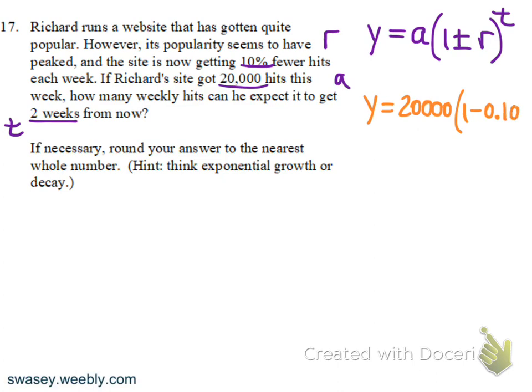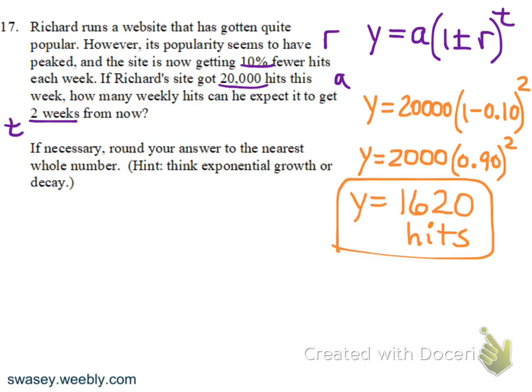If you want to write it as a decimal, it's 0.10, exponent 2. Do what's in parentheses, subtract that, then square it, and then multiply it. And so you get 1,620 hits on the website.